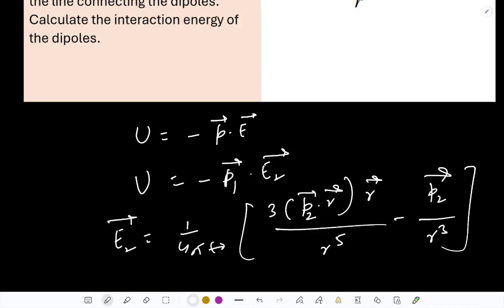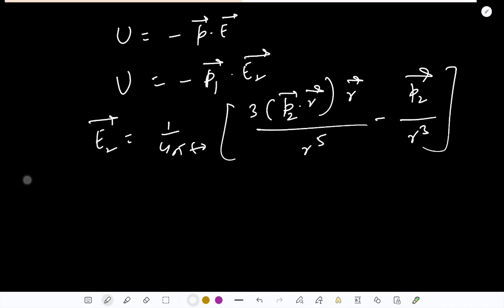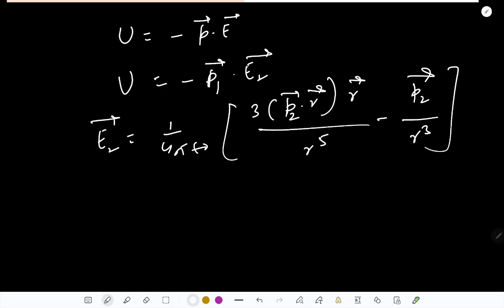We can write the potential energy simply as U equals minus P1 dot E2, and we can place the E2 from here to this place.